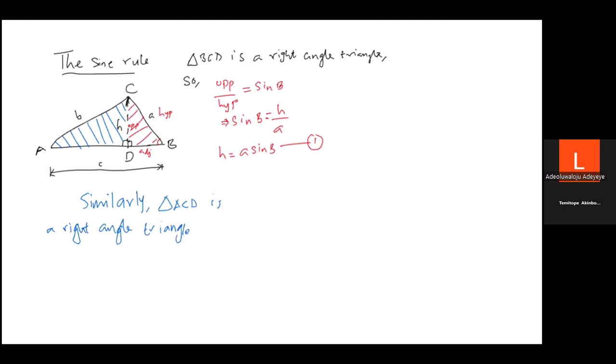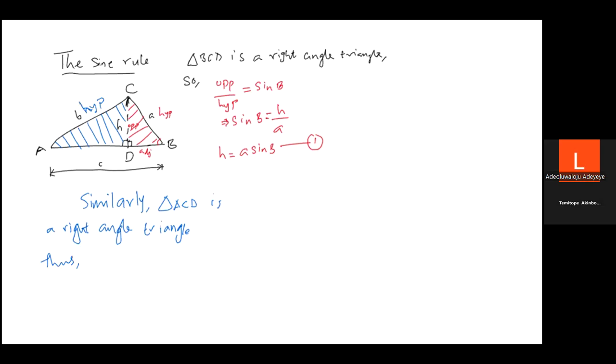Because this is also a right angle triangle, the angle in consideration now will be angle A. So H will now be opposite and b will now be hypotenuse in that context.